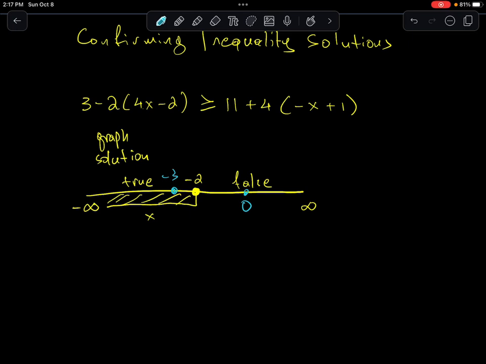You can just choose whatever number is more convenient to you, or whatever number comes first to mind. Okay, so I will choose -3. So I will plug in x equals -3, and I expect to find a true statement.